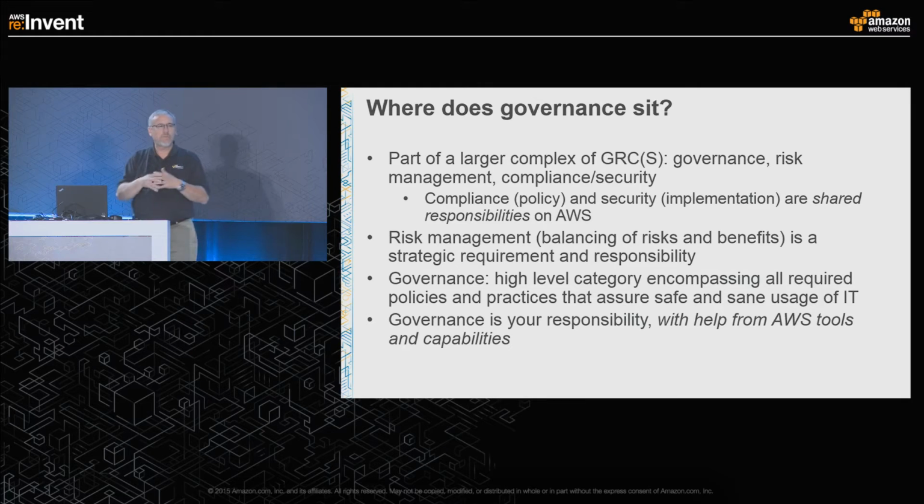You have to use the tools we provide to do a good job. And we'll talk a lot about the tooling and how we can help you in that regard. But it is still something that you have to be very focused on and responsible for. So at a high level then, governance is the category that encompasses all these things and kind of wraps them into a package. And we'll talk about more specifically how you can get at the key issues.